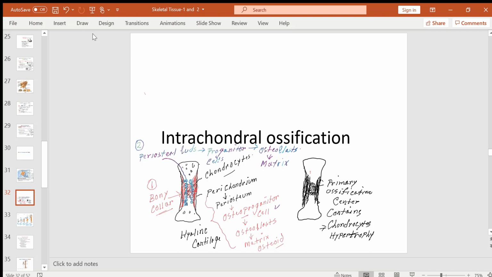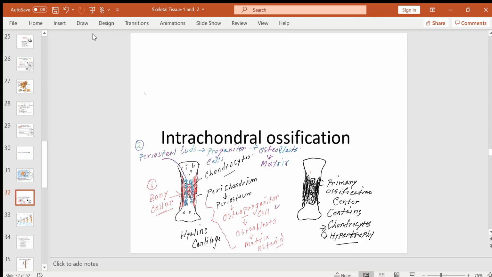So chondrocyte hypertrophy or enlargement will occur. If these chondrocytes get bigger, then what will happen? They will occupy more space in the very center of the cartilage. Makes sense? Since they are getting bigger and bigger, they will occupy more space.